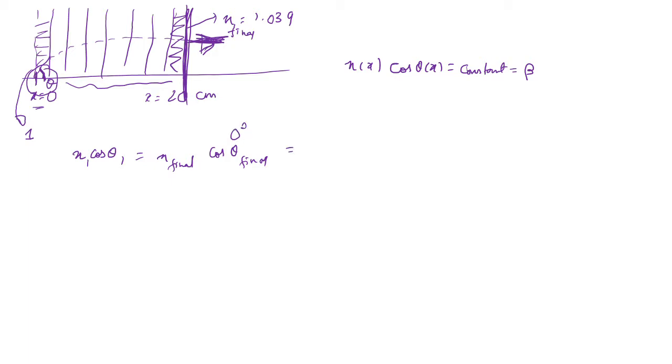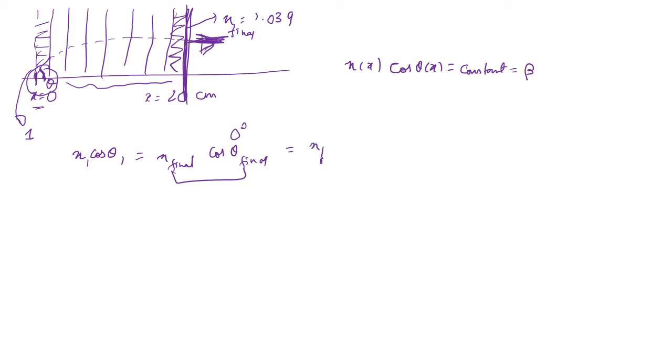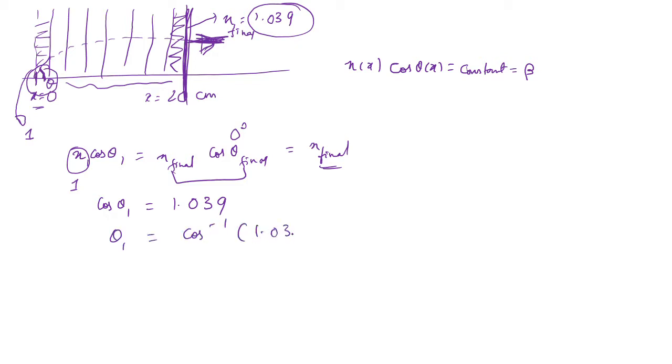Cosine 0 is 1, so n final times cosine final is essentially just n final. If n1 is 1.039 and the final index of refraction is 1, then I can write cosine theta 1 as n final over n1, which is 1.039 inverse, then theta 1 is going to be cosine inverse of that, roughly equal to 13 degrees.